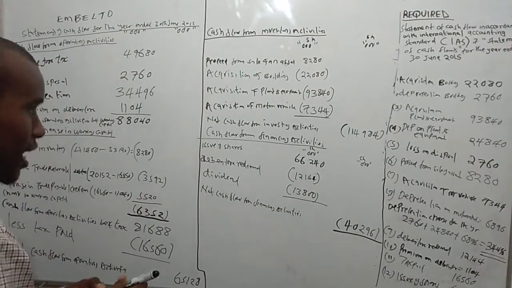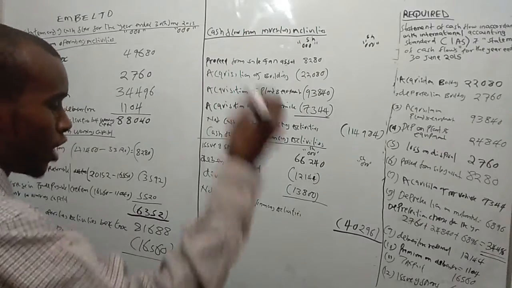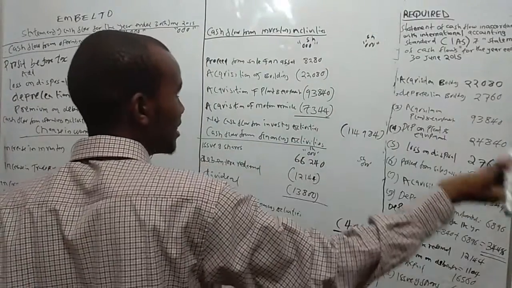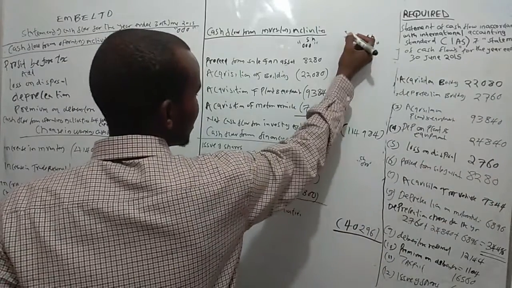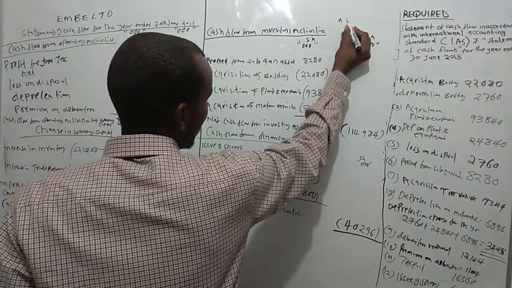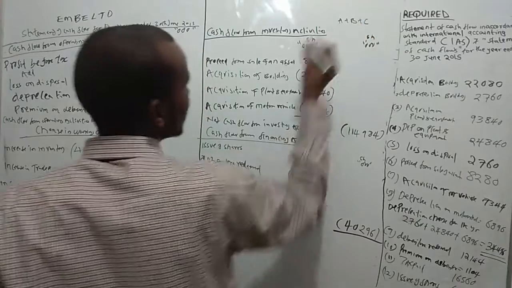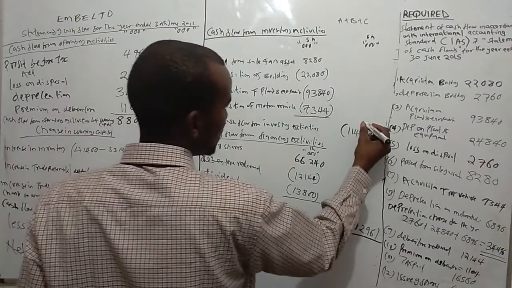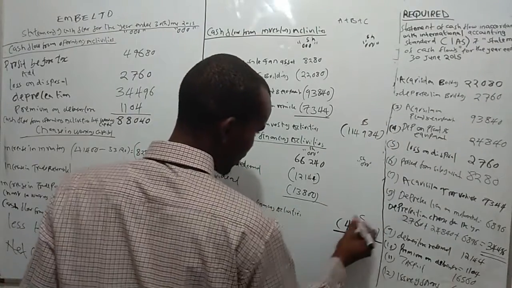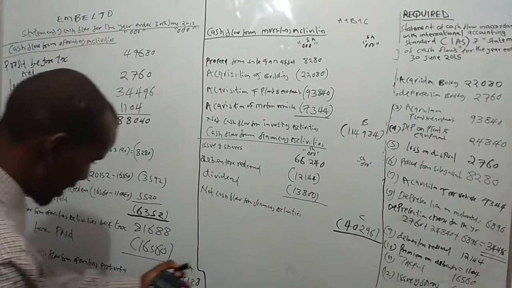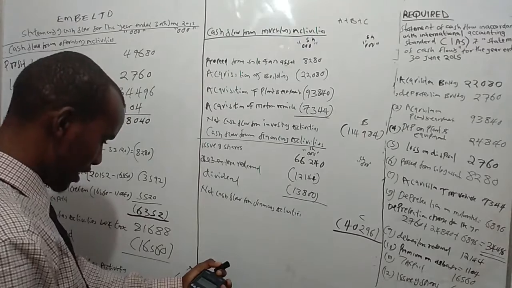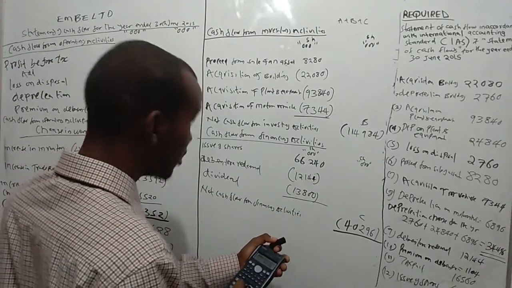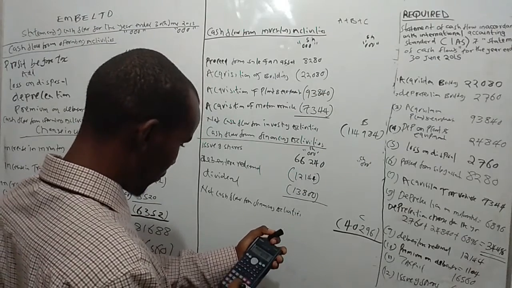Let's confirm. Remember, for us to get the net changes, we take the cash flow from operating, investing and financing: A plus B plus C. Let this be our A, this be our B, and this be our C. If I take A, which is 65,128, I add to it minus 114,984.